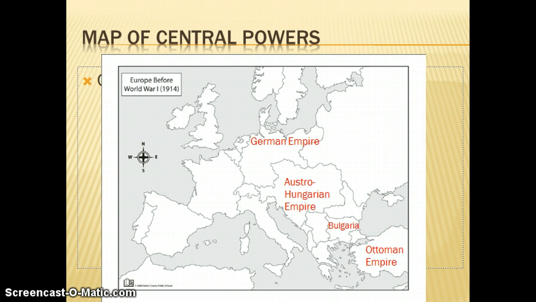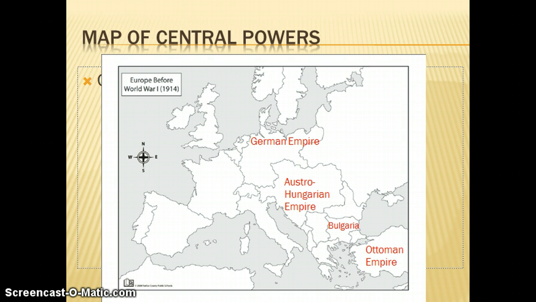So here's a map of Europe before World War I in 1914. This is a picture of the continent of Europe. Notice that it looks a little bit different than the modern day map of Europe. That's because after 1914, many of these empires were broken down into smaller countries.